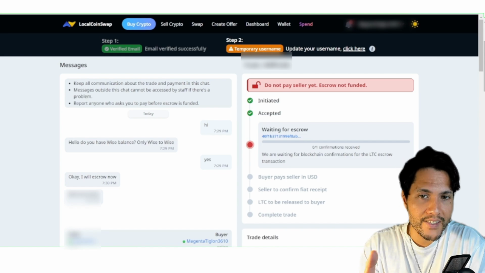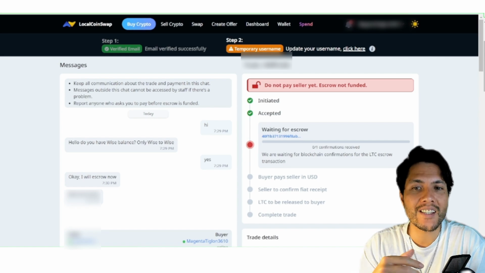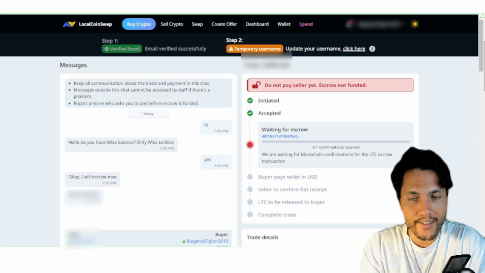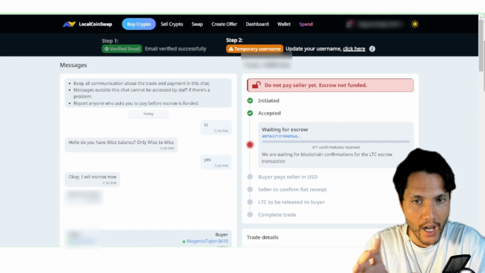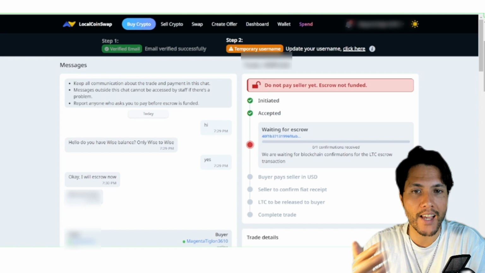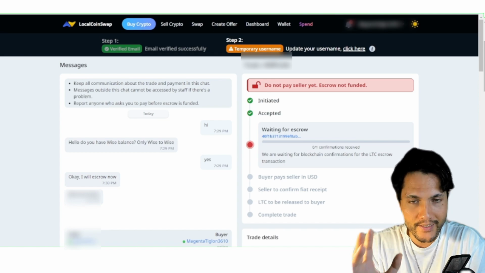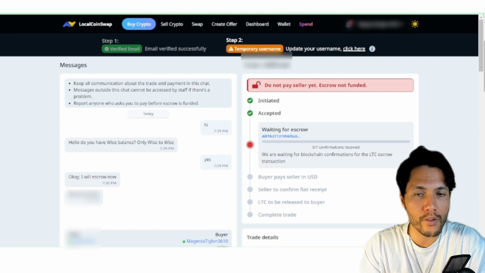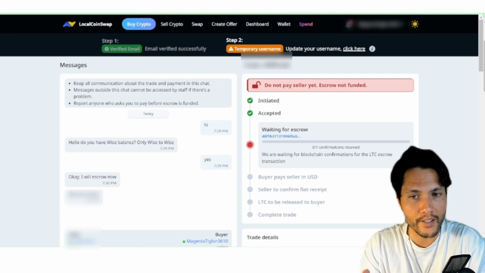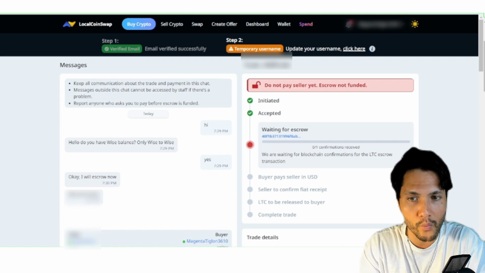Okay, so when you see this particular thing here, this means that he's sending his funds into escrow, and once that bar is complete, then it'll be safe to send funds. Until it's completed, you don't want to send, though I don't think anything bad will happen if you send prematurely, because he doesn't have access to those funds, he can't run away with them.